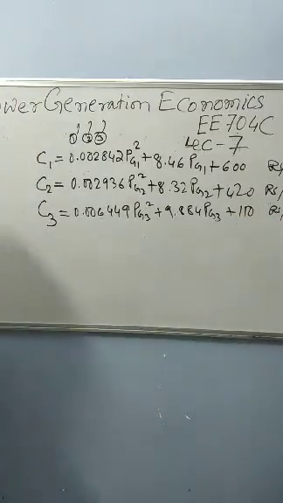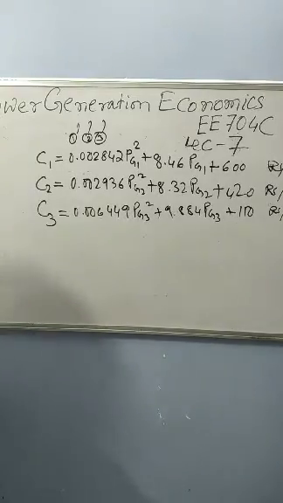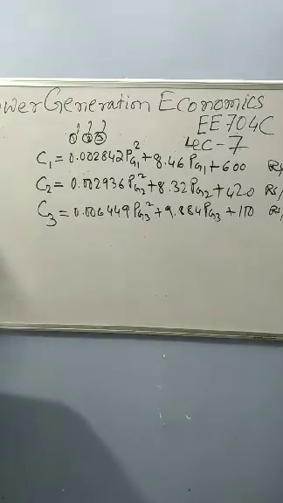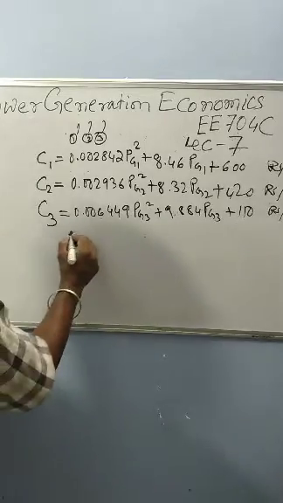So cost functions are given. So one scheme is the enumeration scheme.